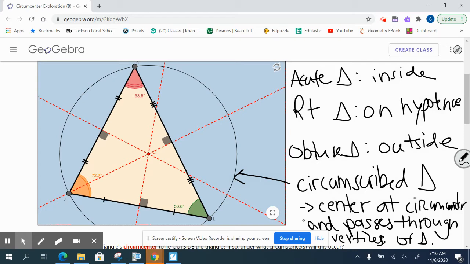In other words, the vertices of the triangle lie on the outside of the circumscribed circle. So this is a circumscribed circle.